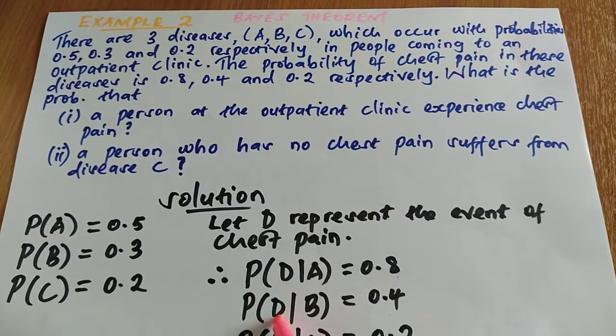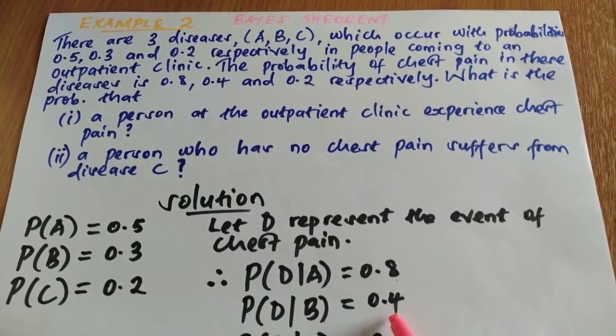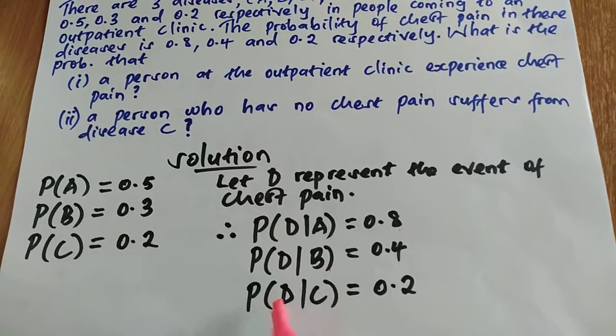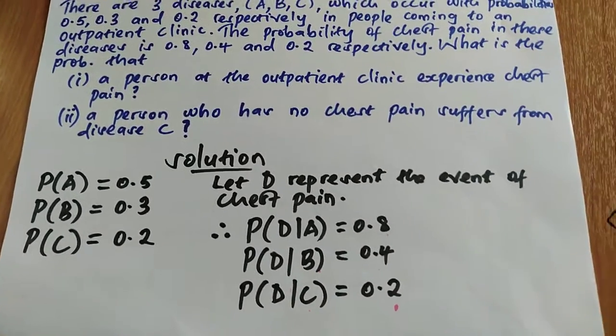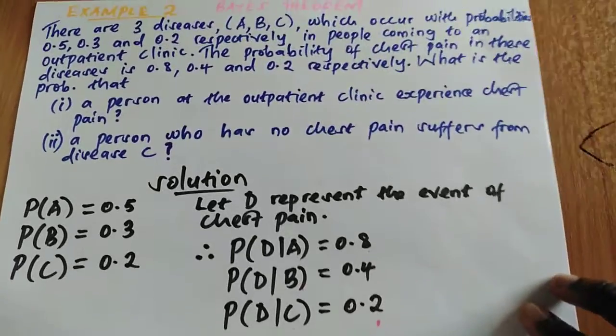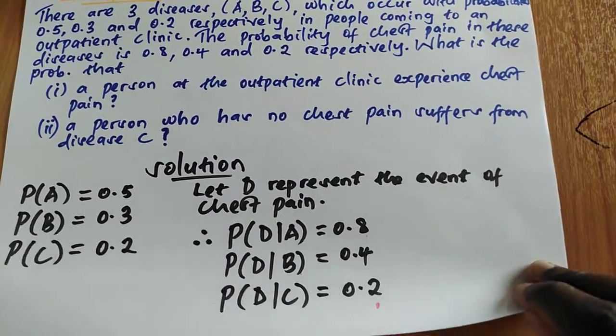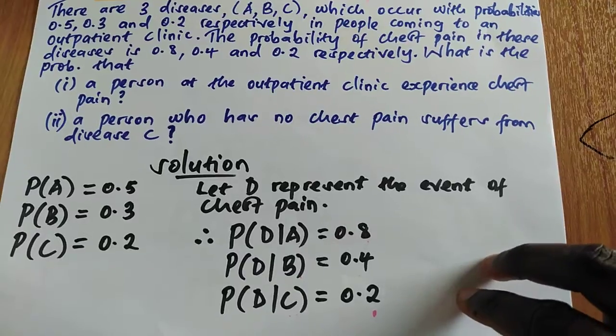The probability of chest pain in disease B is 0.4, and in disease C is 0.2. We are just stating this to make it easier for us to work out this question.